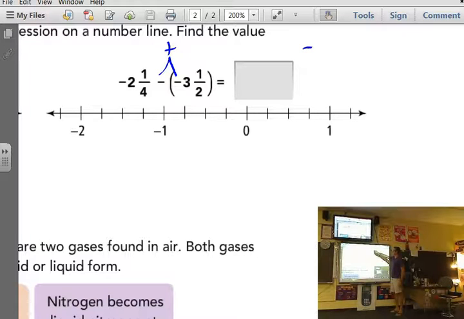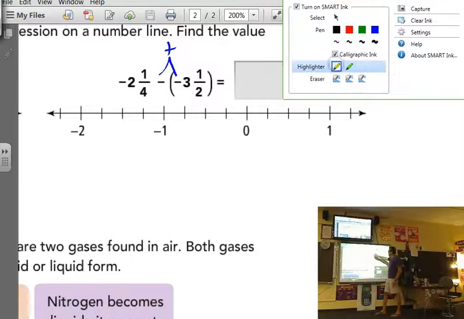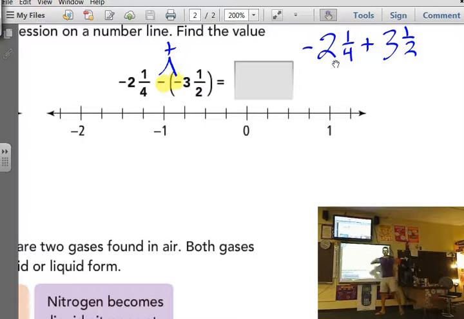And then rewrite it: -2 1/4 plus 3 1/2. Some of you then try to say, well, plus now we're adding the negative. No, we use both of these to make the plus sign. Think about the fact that the plus sign needs 2 lines. We use both the minus and the negative to make this plus.